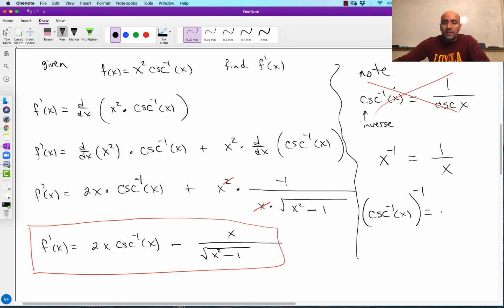And so now this can be equal to 1 over cosecant inverse of x, right? So in this context, we can do it like this or like this. But here, this is meant to be an inverse function and does not equal that.